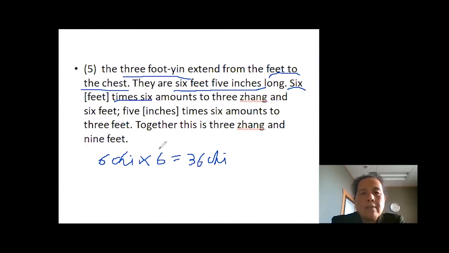And that's the same meaning. 3 zhang and 6 尺 here. Then they separate to calculate 5 寸 times 6.